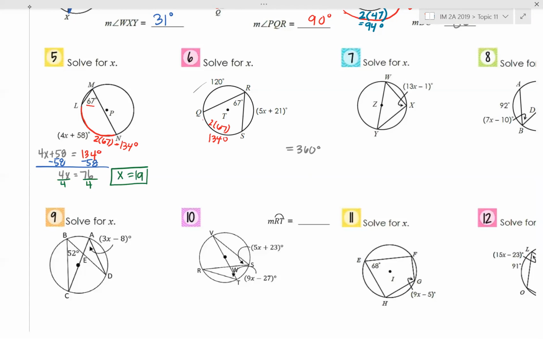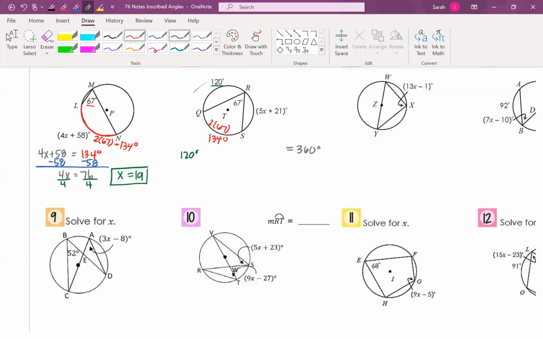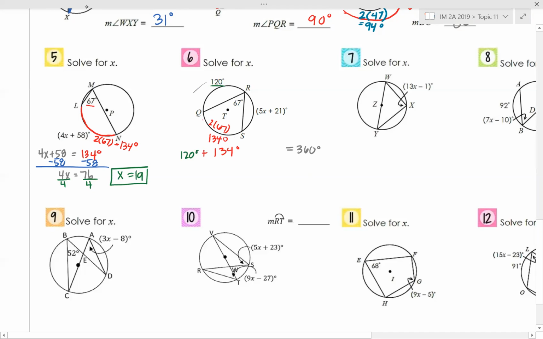So I have 120 degrees plus 134 degrees plus my expression 5x plus 21 degrees. And so I can use that to solve for x.